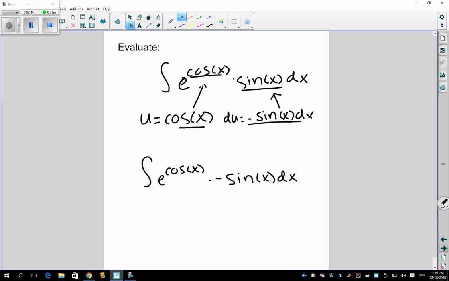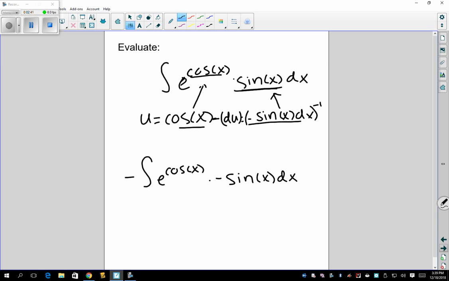If I look at my original integrand, this does not have a negative attached to it. And so in order to make my du negative, I need to multiply my outside by a negative. So it'd be the same thing, multiplying this by a negative, so negative du, that gets me a positive sine x, which is what I want.